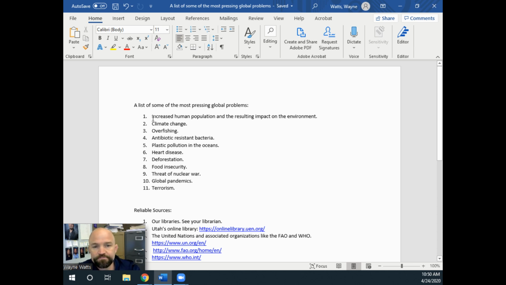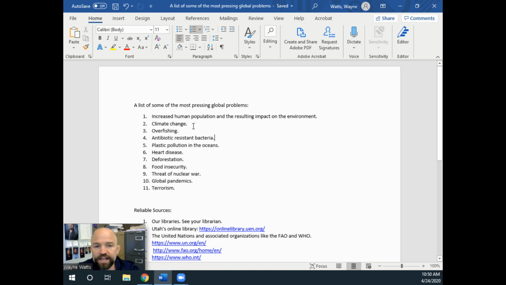Number one, that massive increase in population that we saw from Key Standard 7.2, and of course the impact that has ended up having on the environment. As the human population increases, human beings end up having a much bigger and usually negative impact on the environment.